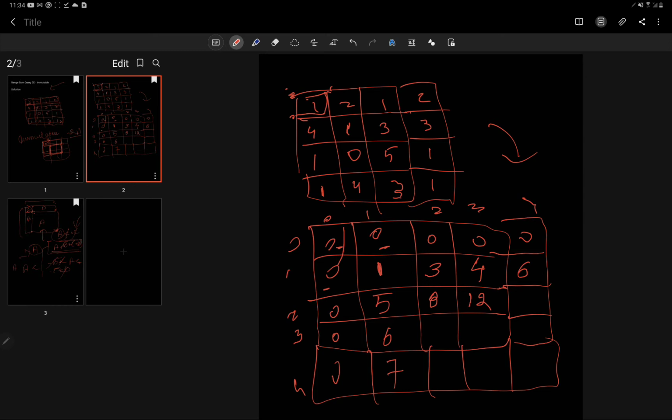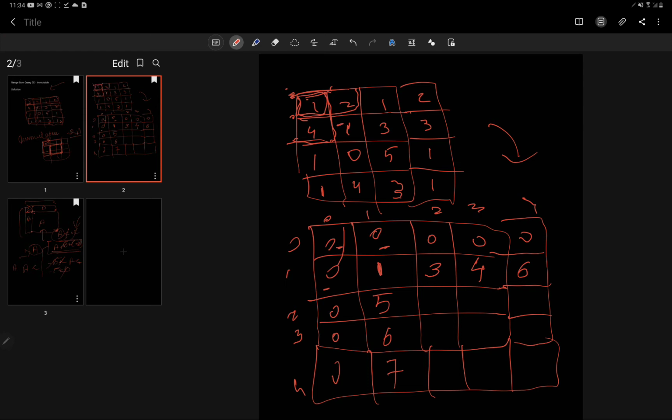The values are filled like this: suppose the sum up to here is 4 plus 1, 5, 6, 7, and suppose 1, 2, 3, 4, and similarly. Now for this value, let's see how we are going to solve it. To calculate the sum for this point, it would be the sum up to here plus the sum up to here plus this value itself.